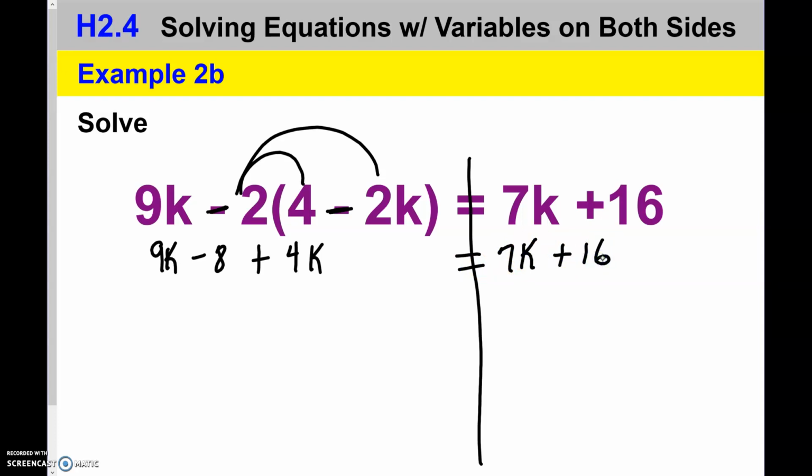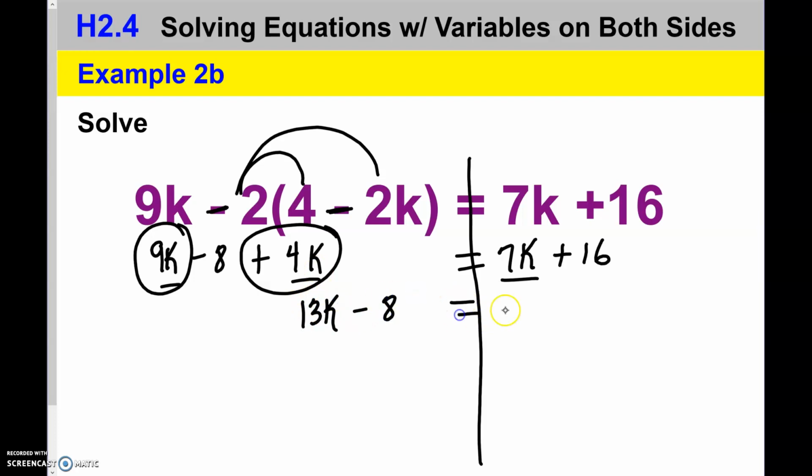All right, holy buckets. I've got a k here, a k here, and a k here. So what I'm going to do first are the k's that are on the same side. So that says 9k plus 4k is 13k.